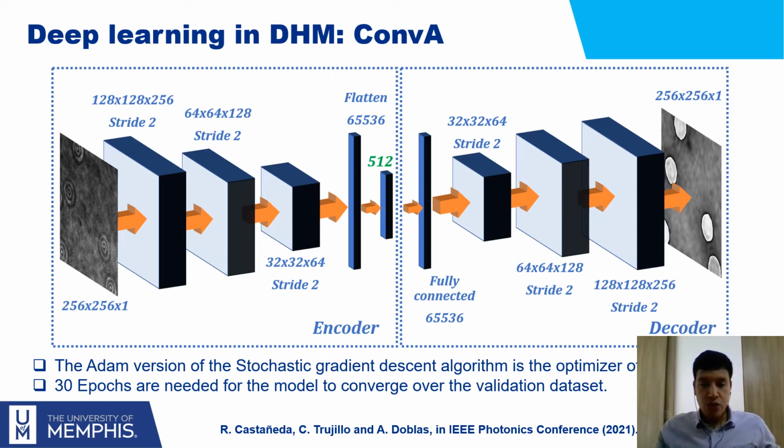In between these 2 stages, we have the latent vector, which is somehow biased by a flattened network preceding the latent layer, and a fully connected layer after the latent layer. We employ 30 epochs to converge the model, using the validation dataset as a metric to quantify the performance of the model.